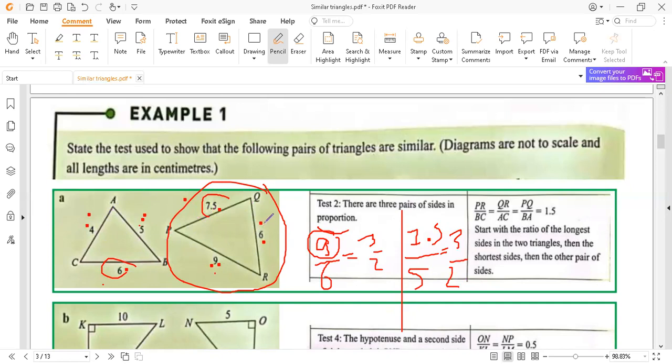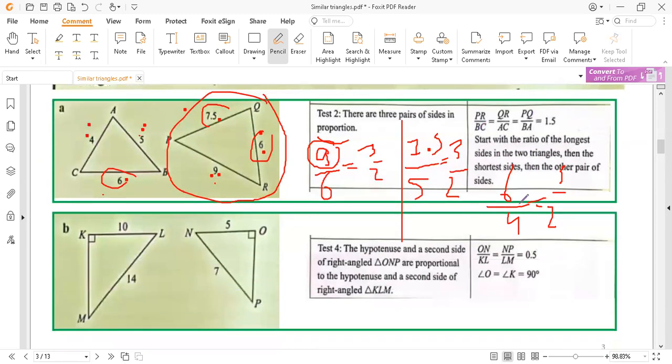And finally the shortest: 6/4, which is also 3/2. So we have three pairs of sides in proportion, because 9/6 is equal to 7.5/5, which is equal to 6/4. So we can start with the ratio of the longest sides in the two triangles, then the shortest, then the other pair of sides.